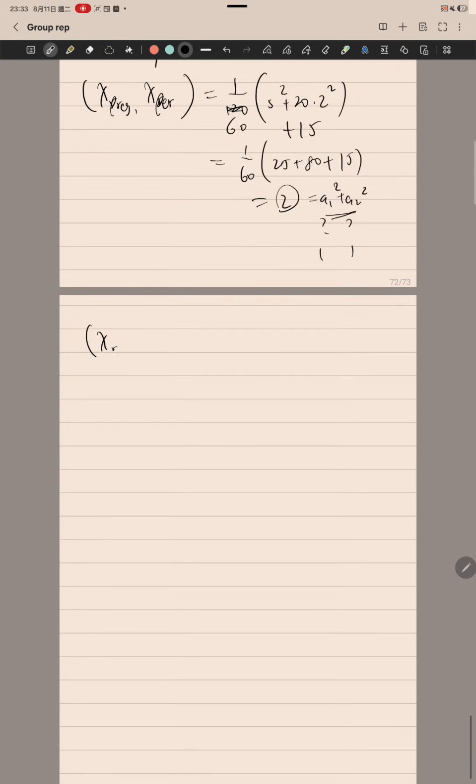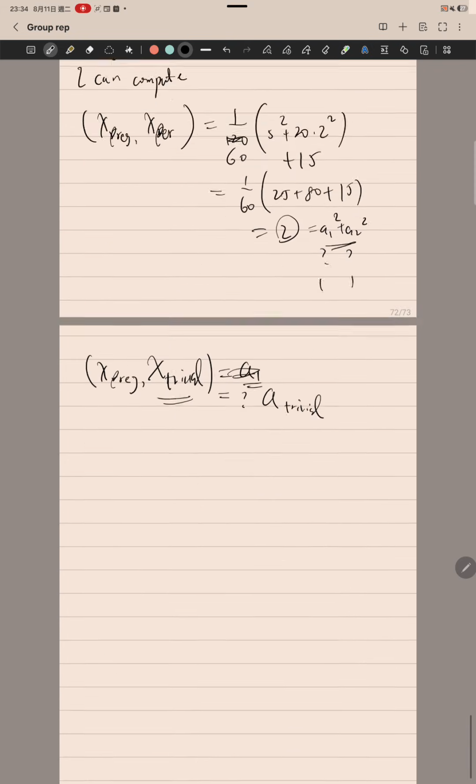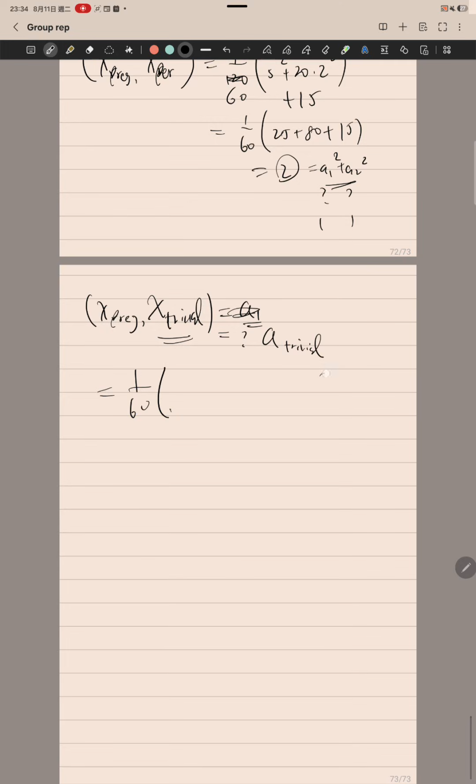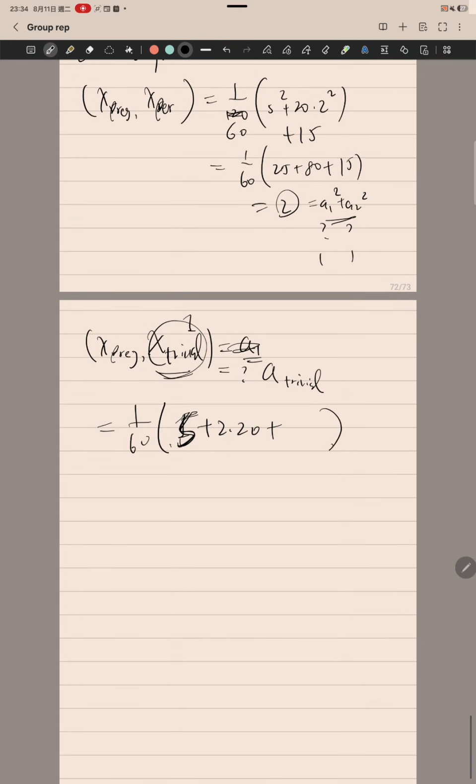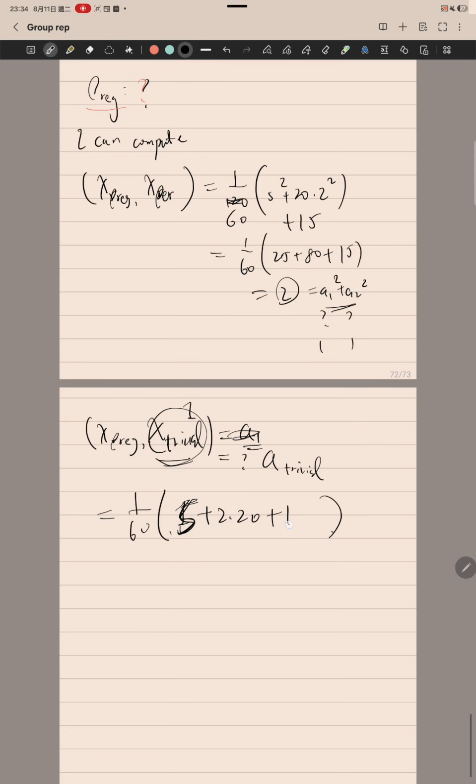Now I can compute the regular inner product with the trivial one. You are using the orthogonality. So this will be 1 over 60, and because the trivial is all 1, we get 1 plus 5 plus 2 times 20 plus 15.